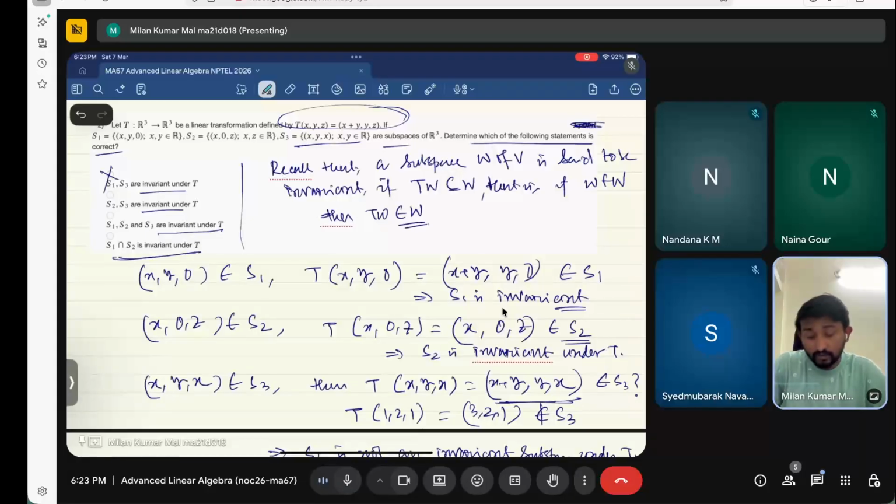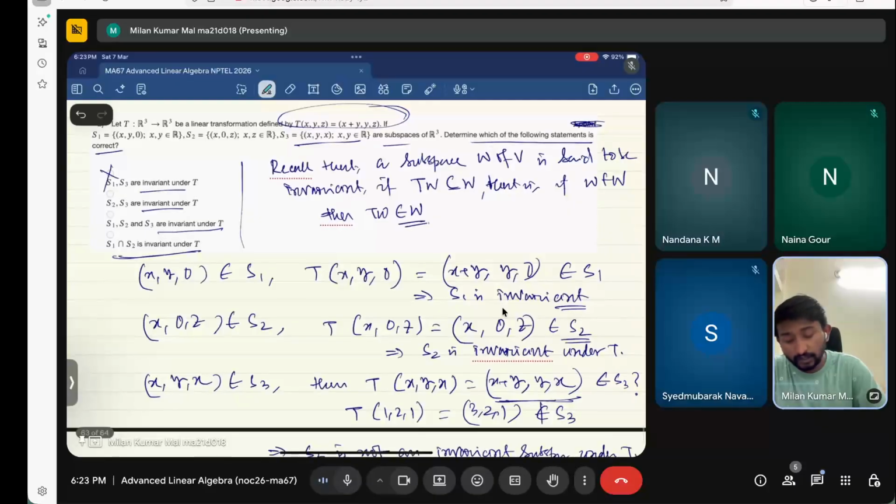This is not necessarily true, because S1 is invariant but S3 is not. Similarly, S2 and S3 are not both invariant, because S3 is not. And S1, S2, S3 are not all invariant, so the third option is also incorrect. So automatically the first option will be correct.